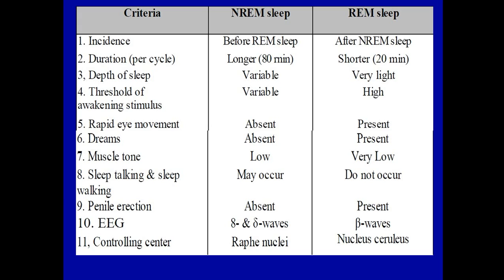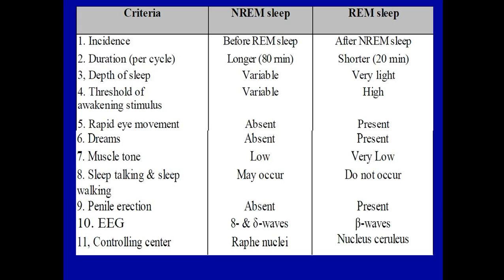Rapid eye movement طبعا absent in non REM while it is present in REM. Dreams in non-REM may occur but are not remembered, while active and vivid dreaming موجود بال REM. Muscle tone is low in non-REM while it's very low in rapid eye movement sleep. Sleep talking and sleepwalking may occur in non-REM sleep while they do not occur in REM sleep.